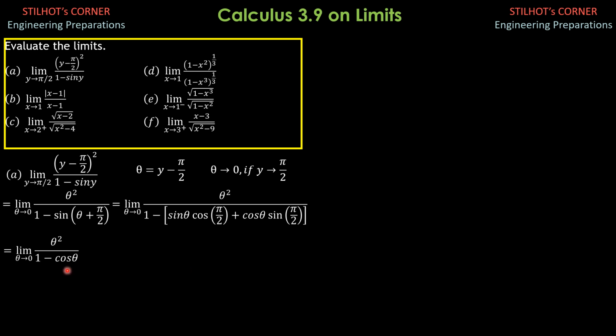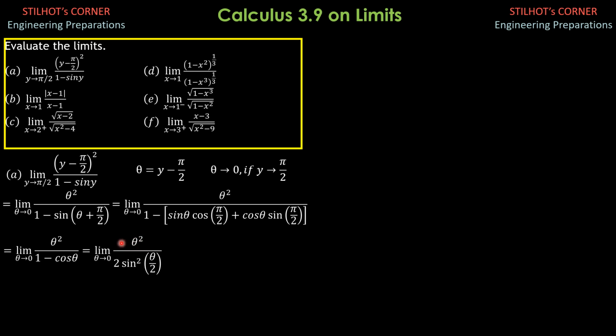From a trigonometric identity, we replace 1 minus cosine theta by 2 sine squared of theta over 2. So theta squared over 2 sine squared theta over 2. We divide this by theta over 2 quantity squared, then it becomes squared.